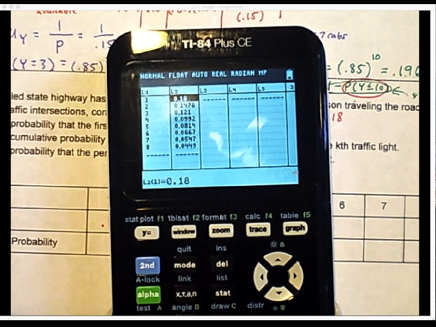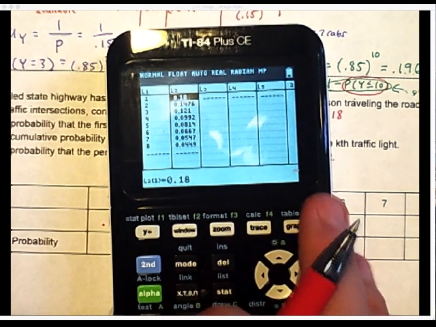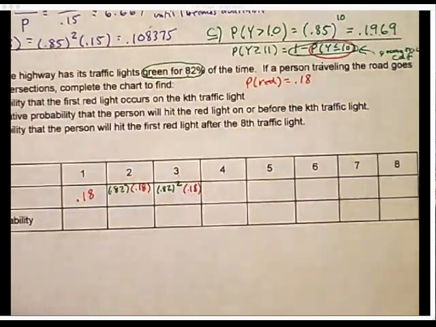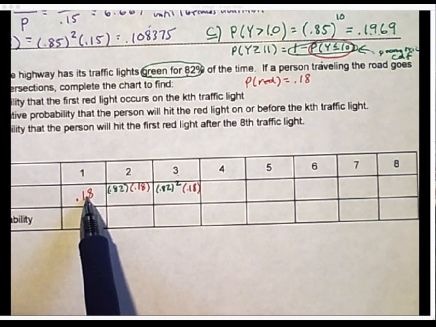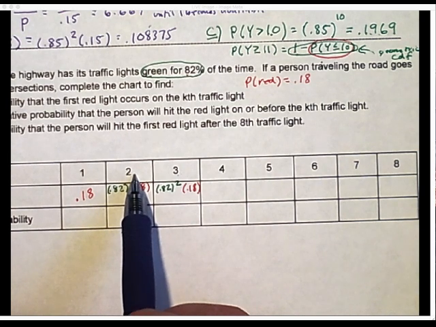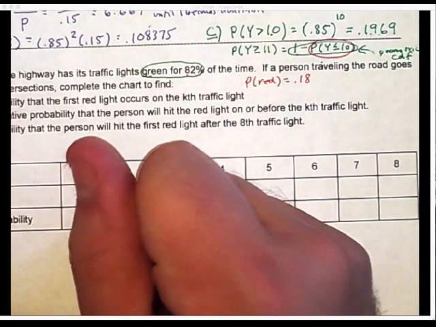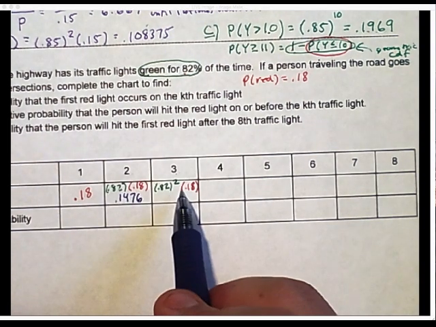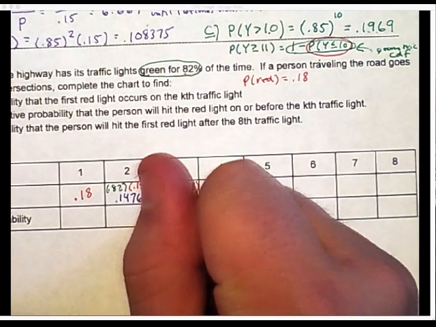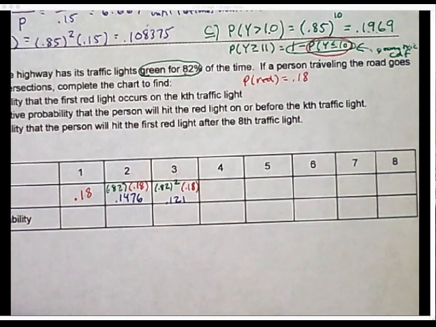So let's fill this out. The chance that my first red light is the first one is 18%. The chance that the second light is the first red light that I come to is 0.1476. Chance that the third light I come to is the first red light is 0.121 according to my data.